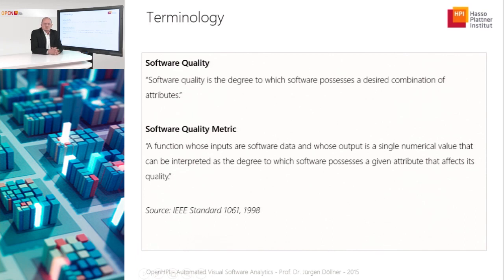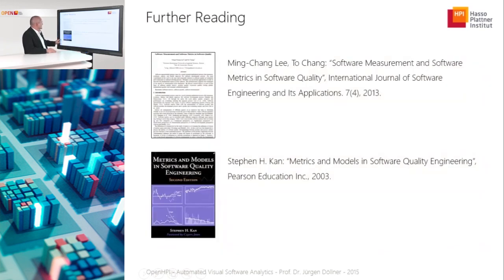And the software quality metric is defined as a function whose input is software data and whose output is a single numerical value that can be interpreted as a degree to which software possesses a given attribute that affects its quality. So very generic definitions here, but make sure that you understand them and can differentiate between them.